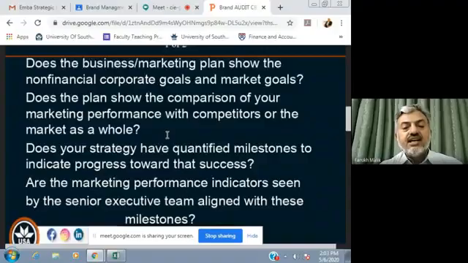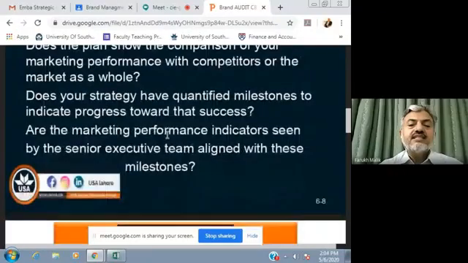Does your strategy have quantified milestones to indicate progress towards that success? So you should have a strategy which has quantified milestones. It can be quantified that these are the milestones that we need to achieve, and in order to achieve these milestones, this is what we have to do every month.